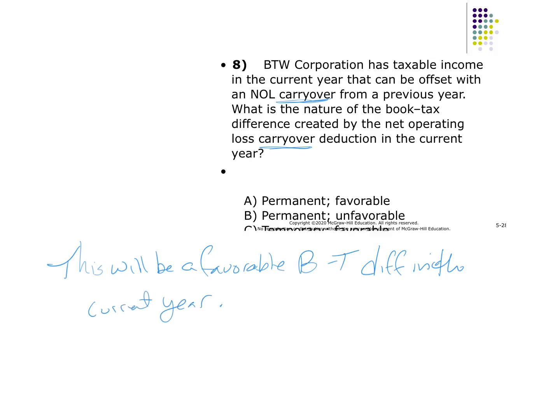The way we know that this is temporary is that it's a carryover from a previous year, right? So we already got to recognize it for book purposes. Now we're getting to recognize it for tax purposes. So essentially we're undoing that previous difference, okay? So this is temporary, and it's definitely favorable in this year.